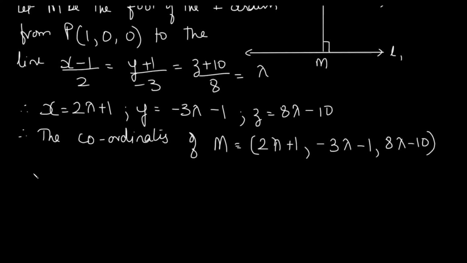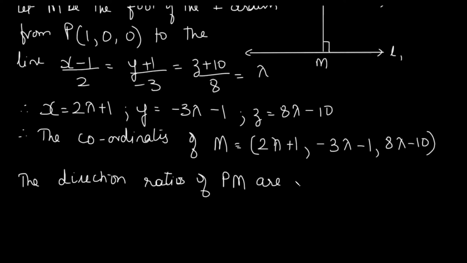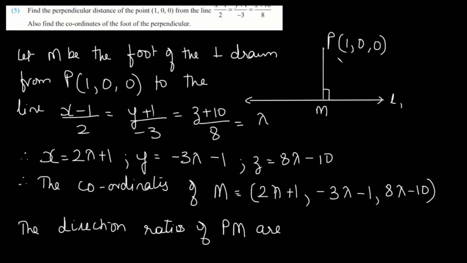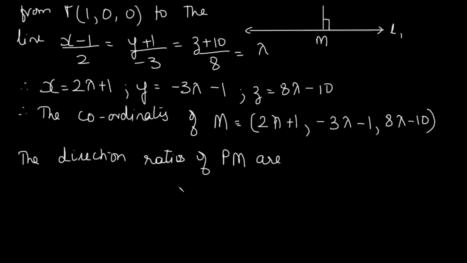So now the direction ratios of segment PM. Now how to find the direction ratios of a line? We subtract the coordinates. So the direction ratios of PM will be the coordinates of M minus the coordinates of P. In Cartesian form, this is how we find the direction ratios.